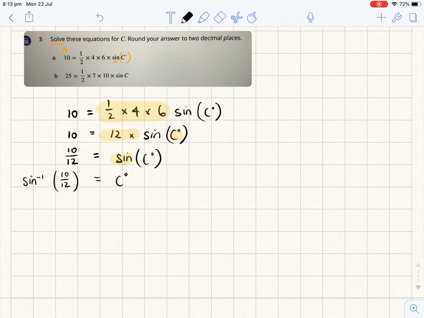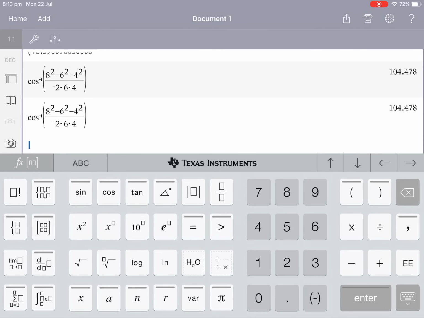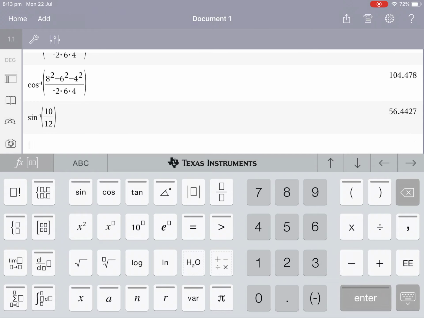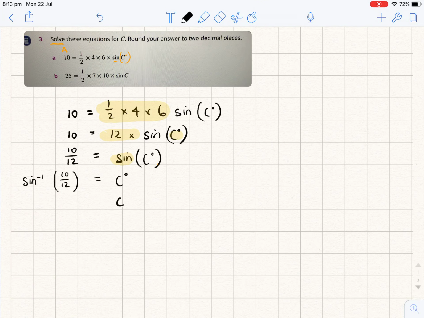Now all I need to do is jump on my calculator, type in inverse sine of 10 over 12, get my decimal answer, 56.44. So my angle C would be equal to 56.44 degrees.